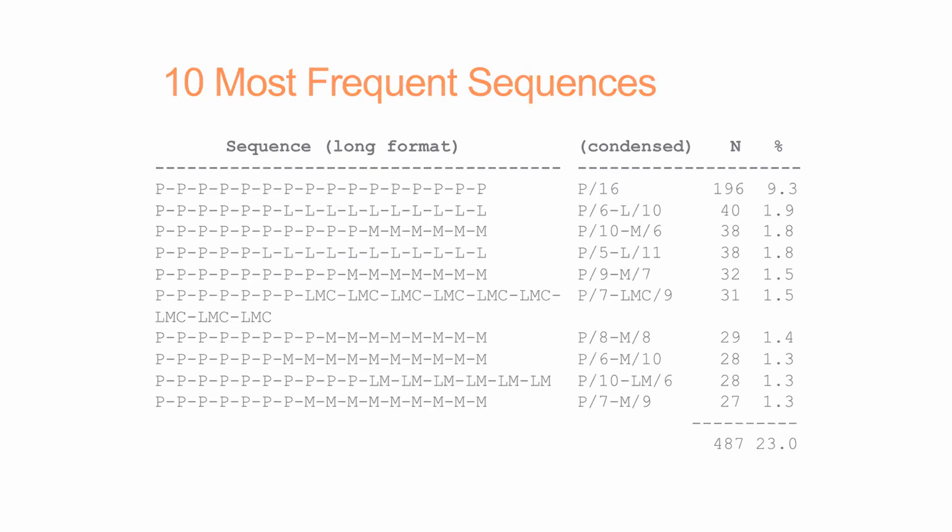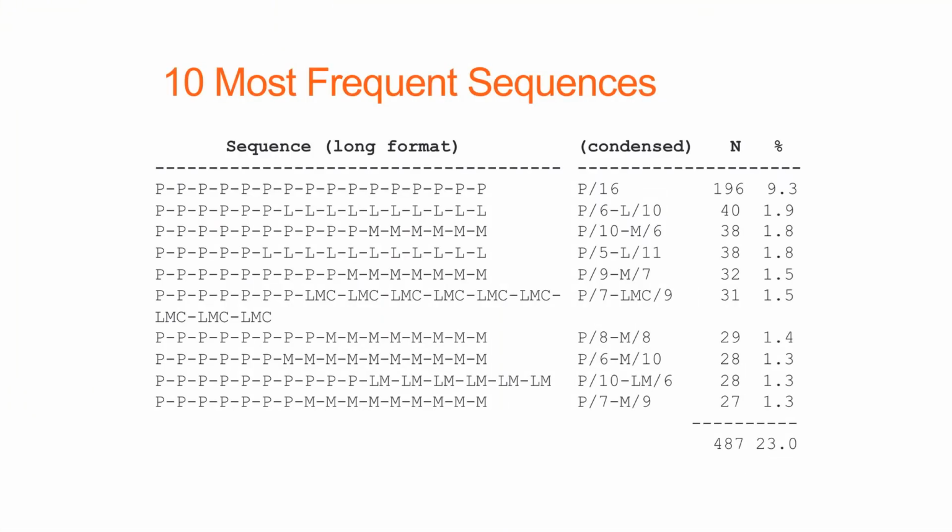Another way of depicting a sequence is this condensed form, which shows living with parents for 16 time periods, or living with parents for 6 time periods and then left home for 10 time periods, and so on. So we have down here living with parents and then having left home, married with child or children for the rest of the duration of the study.